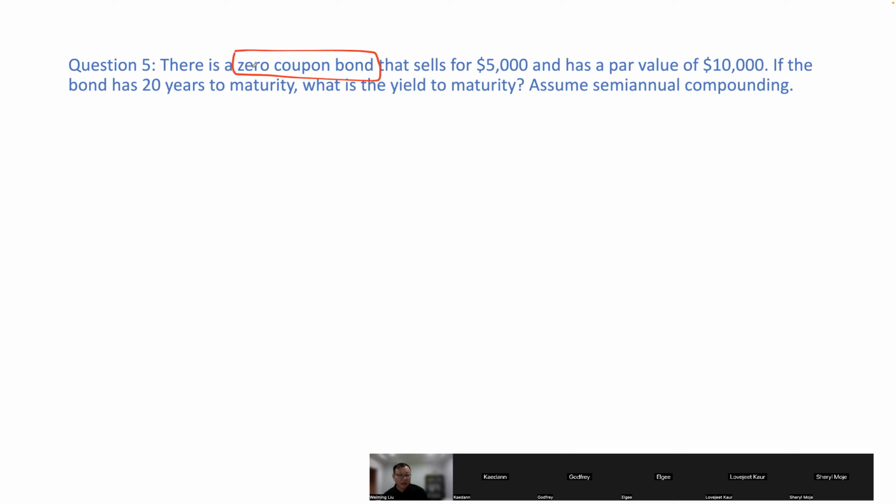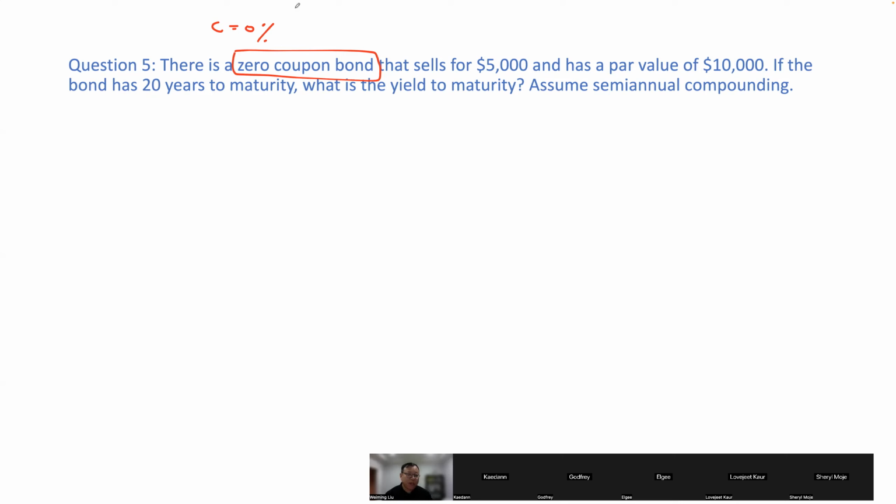That means the coupon rate is 0. So throughout the holding period, you are not receiving any payment. All you get is the lump sum payment of the face value at maturity. In the midst of the holding period, you are not receiving any periodical payment, right?